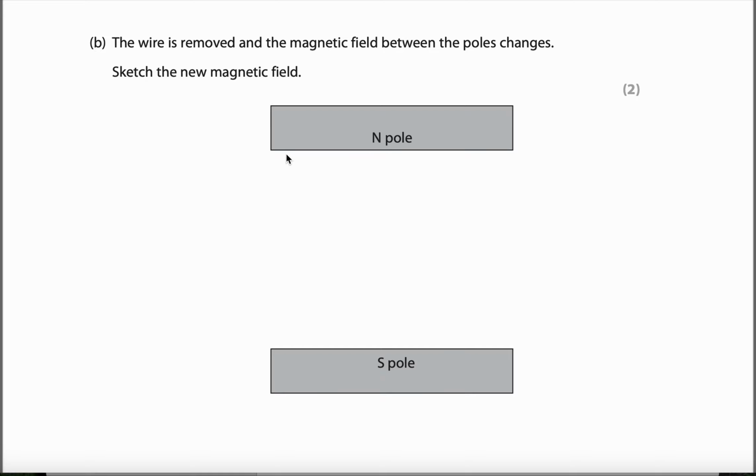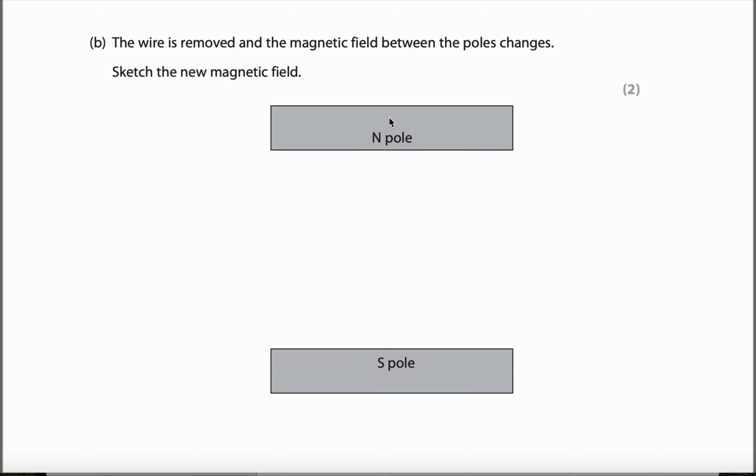uniform magnetic field with parallel lines going between the North Pole, the face here, and the South Pole. Now these are normally special magnets used, for example, to make a motor in the lab, where the poles are on the faces of these wide ceramic magnets. Okay, so North Pole's here, and the South Pole would be on the other side.